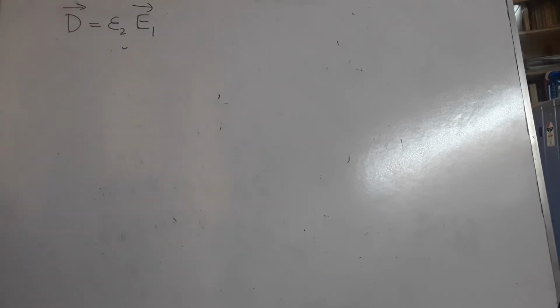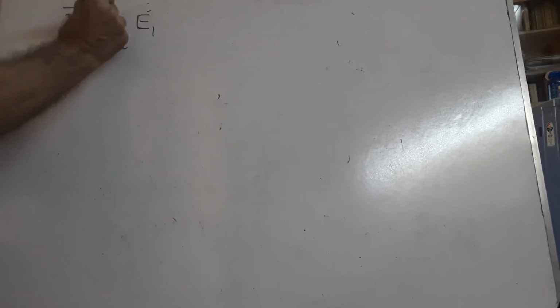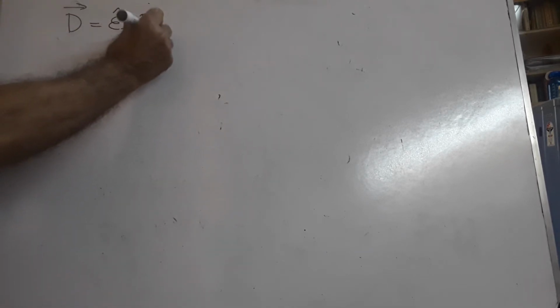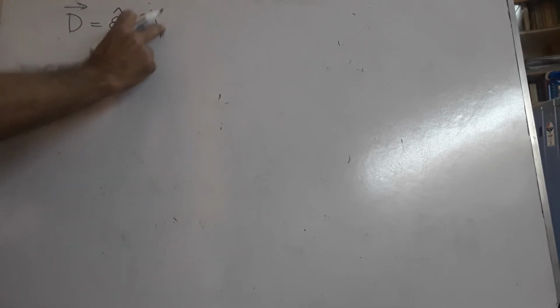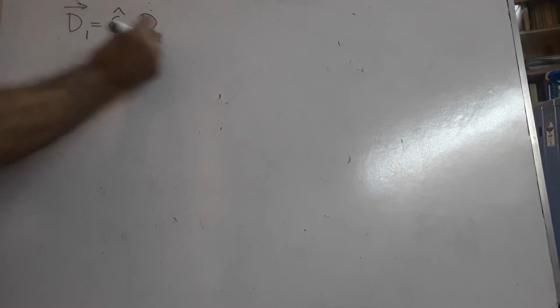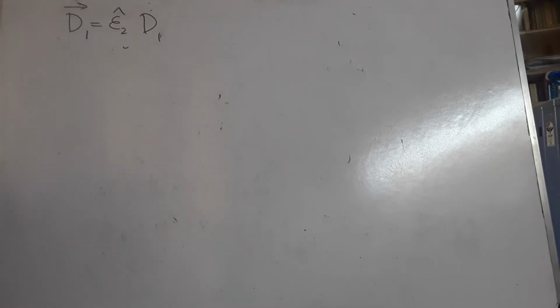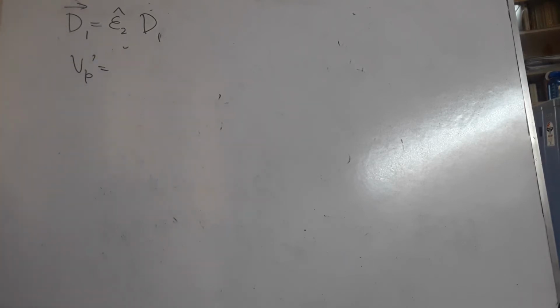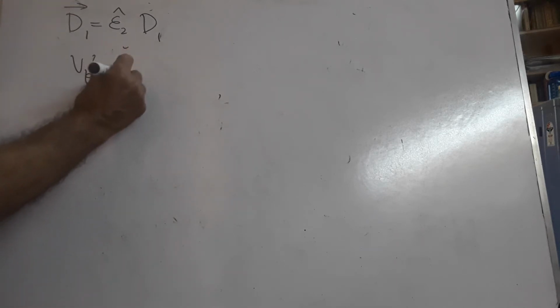Because k is in the 1, 3 plane and D must be orthogonal to the k vector, and one such vector is the one which I am writing. This is acceptable, and normally this is called D1. And the velocity associated with it, Vp prime, will be for the vector pointing along epsilon 2. There the dielectric constant is epsilon 2, and so Vp prime will be No.